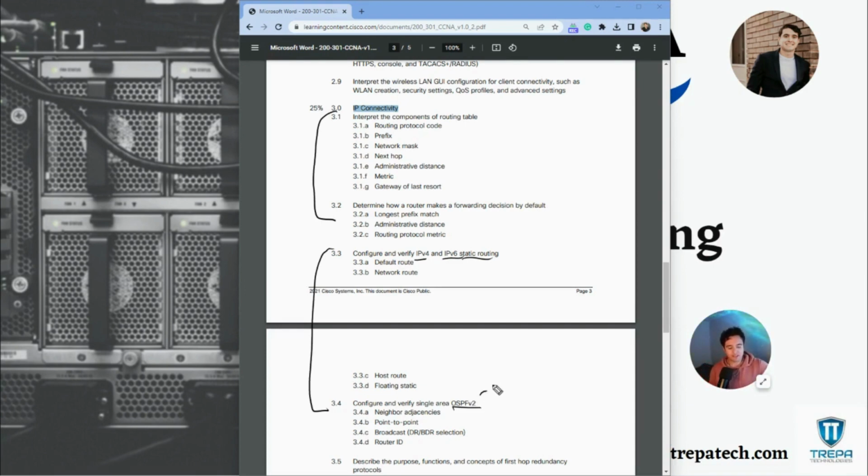And OSPF being that multi-vendor, non-proprietary protocol, the CCNA creators want their CCNA certified people to know about OSPF because it is the most popular when it comes to small business and medium to large size enterprises, instead of their own proprietary routing protocol, EIGRP. Kind of funny that they put emphasis on OSPF, but I think a good idea, right? This is the most common one you see out there.